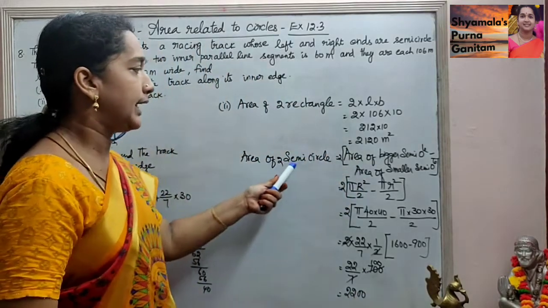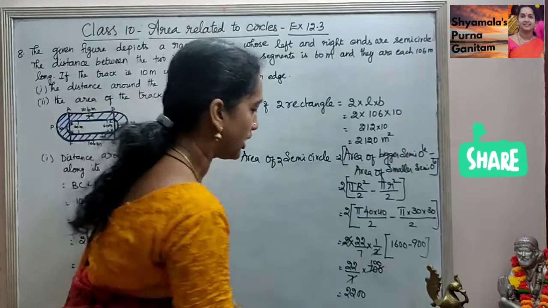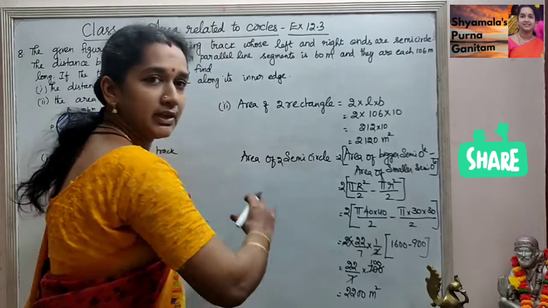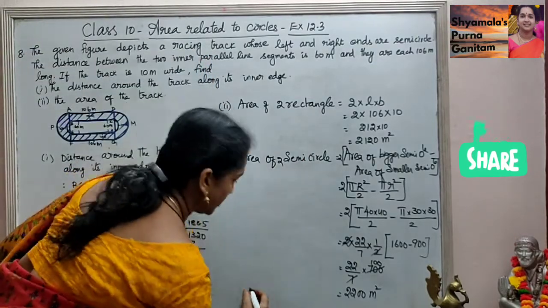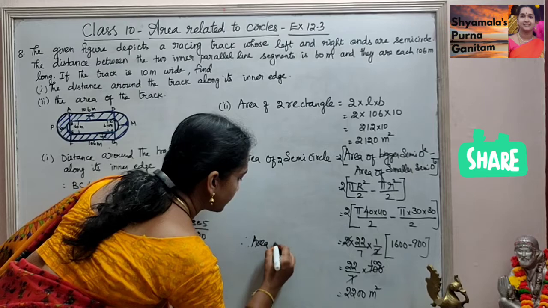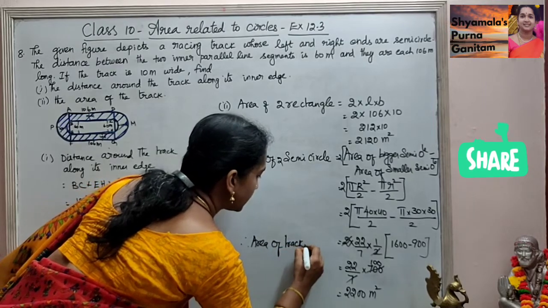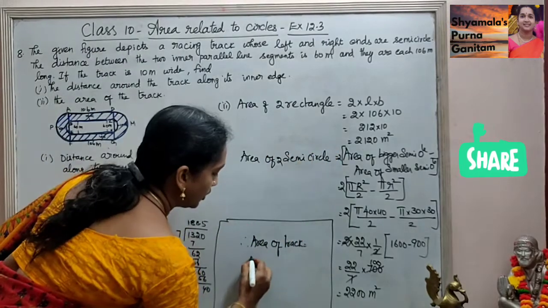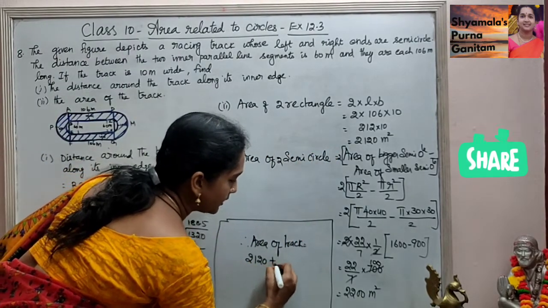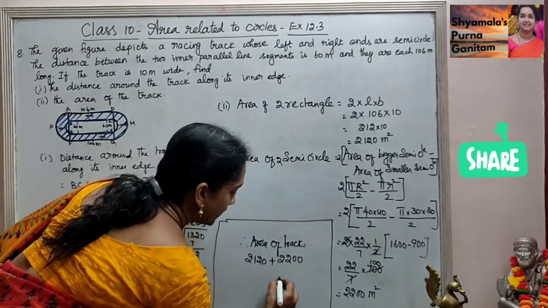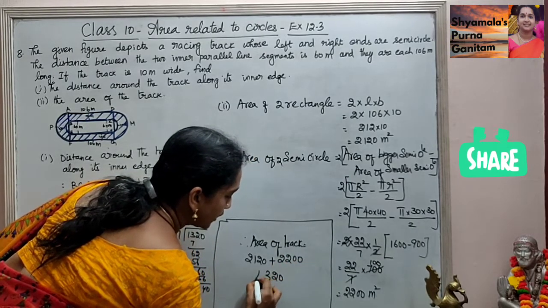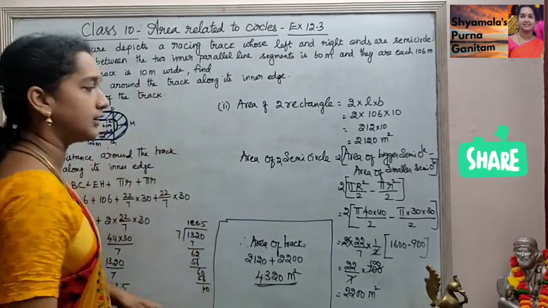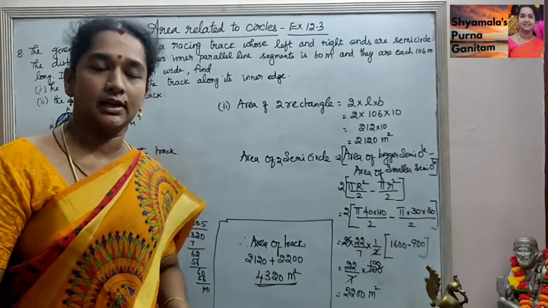So this is the area of the 2 semicircles, 2200 meter square. When we add these 2 parts, we get the area of the track. Therefore, the area of the track is equal to 2120 plus 2200, which is 4320 meter square. This is the area of the track.